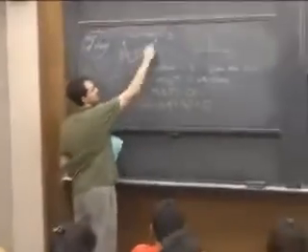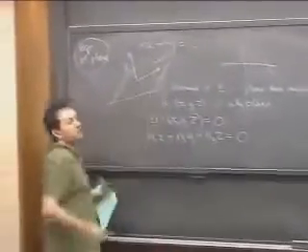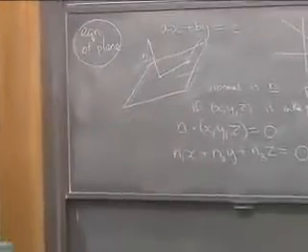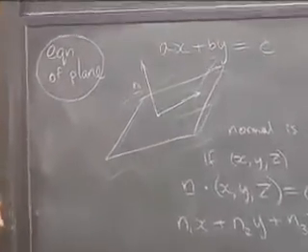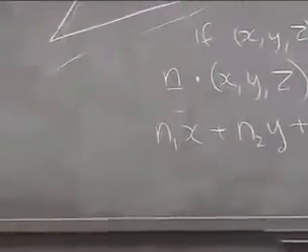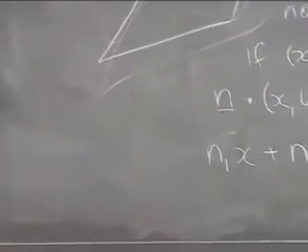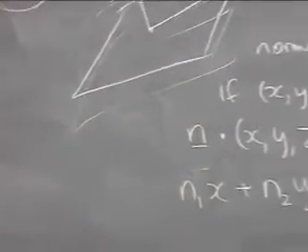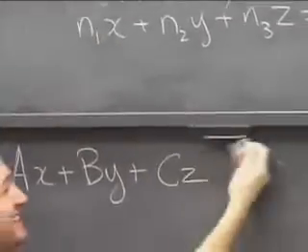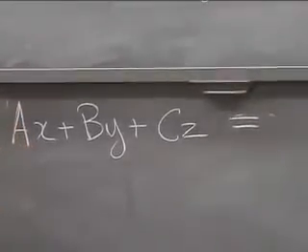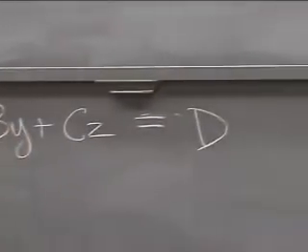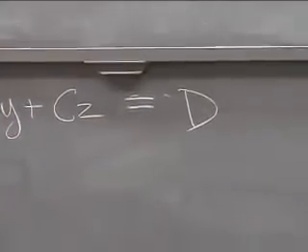The planes can stack up along the direction of the normal. They all have the same normal. So basically, the general equation of a plane looks like this: AX plus BY plus CZ equals some number D, which doesn't necessarily have to be 0.